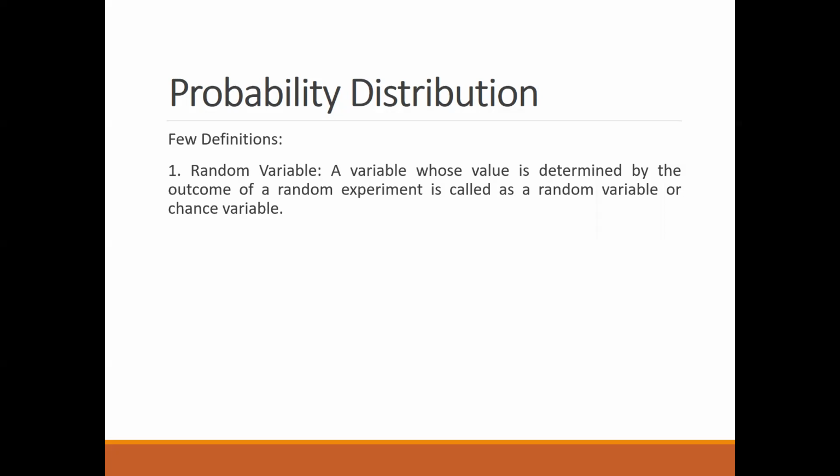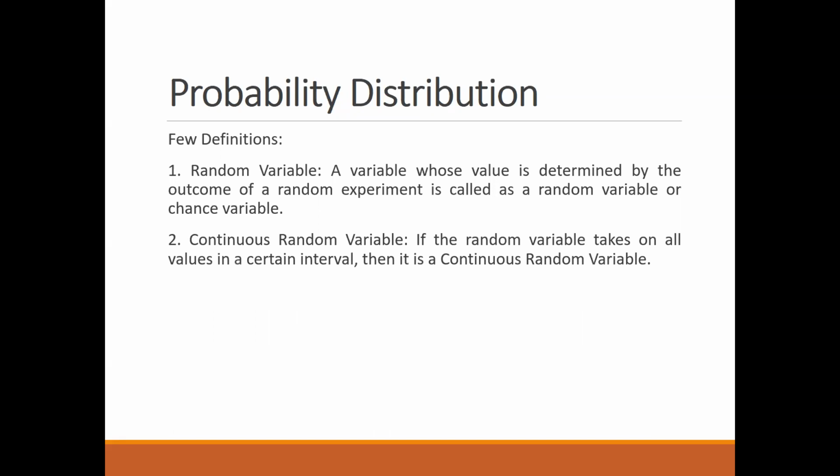Then there's a variety of random variable. The first one is your continuous random variable. Okay. Now, if a random variable takes all the values in a certain interval, then it is a continuous random variable. Now, for example, let us say the height, or you can say the weight, okay, they are increasing in a particular interval.